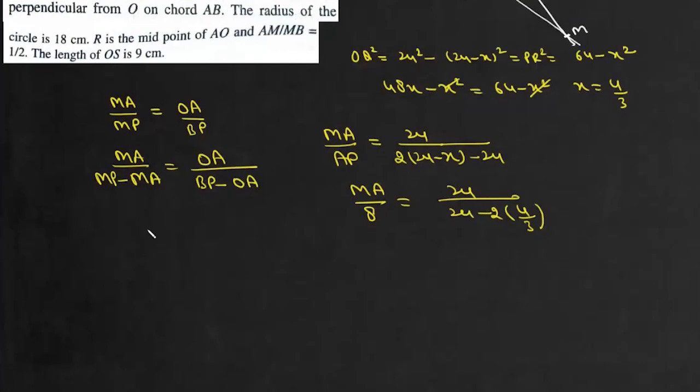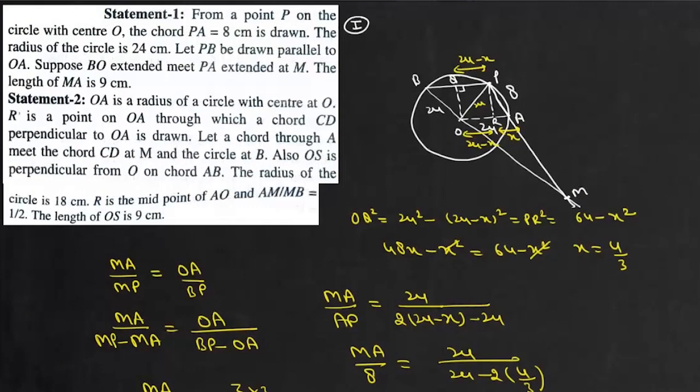So it will be this MA by 8, and if we divide everything with 8, it will be 3, and then 9 minus 1, 8 into 3. So value of AM is simply 9 centimeter. That means this statement 1 is correct.